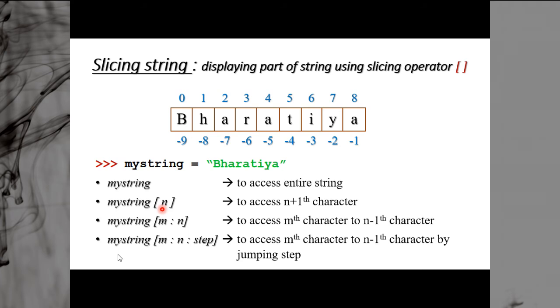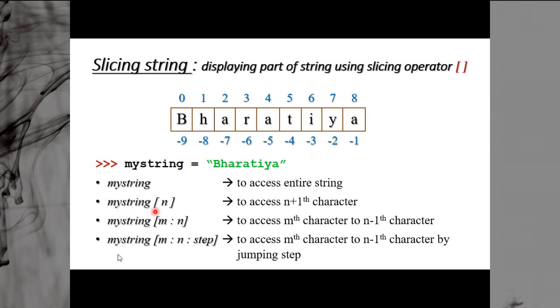It can be any positive number, or any negative number. If I say my_string[2], that means I am trying to access the third character. my_string[n] means to access the (n+1)th character. If I say my_string[5], it means I want to access the 6th character, that is T.